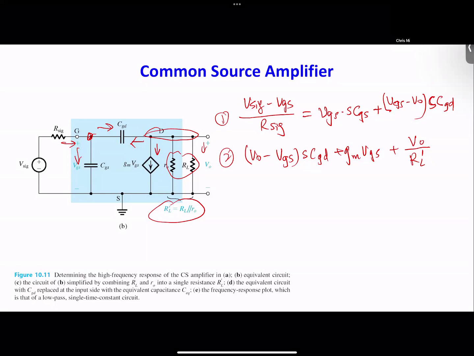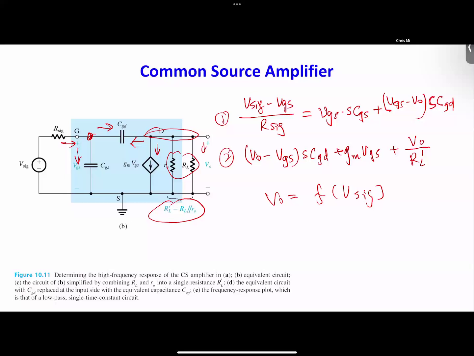So from equation 1, we can find there's one VO, there's one VGS variable, and here we have VO and also VGS variable. So definitely we will be able to find VO as a function of VSIG, because what we want to eliminate is VGS, and then we find VO.